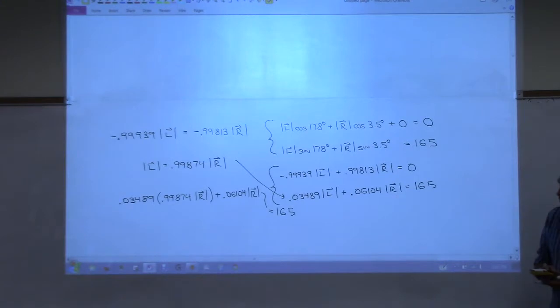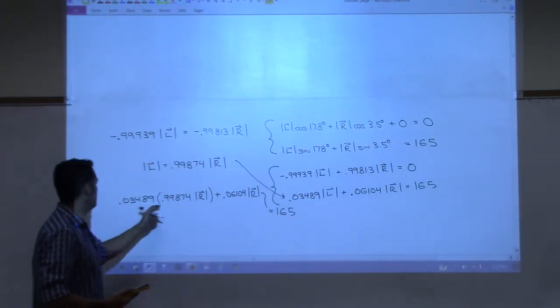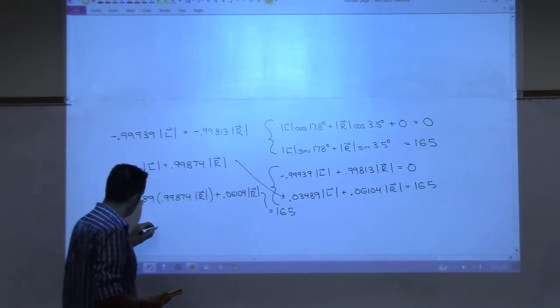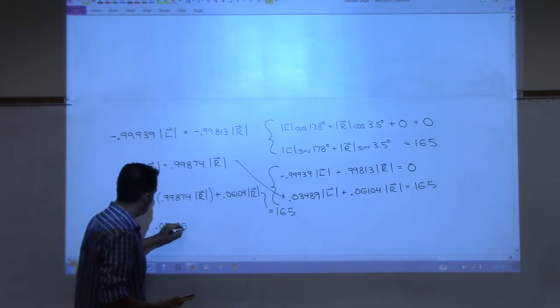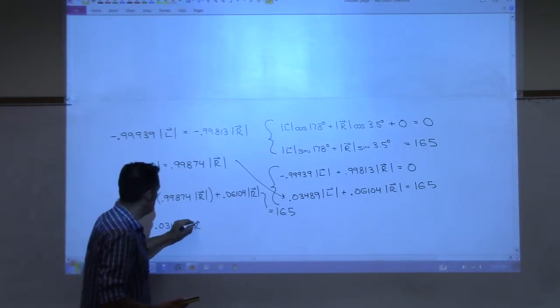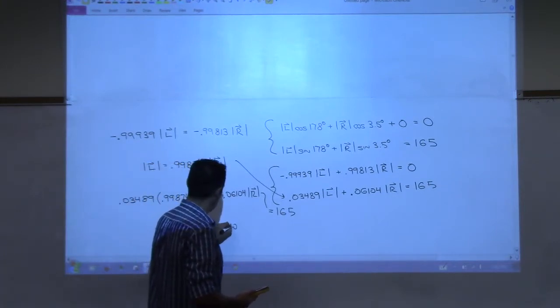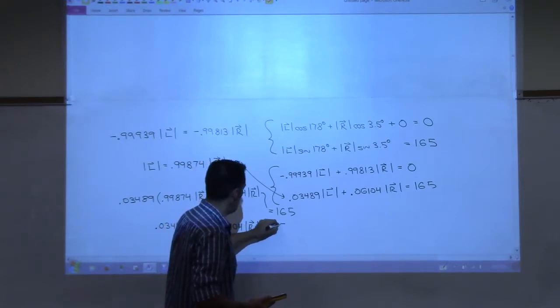Did you solve the whole thing? No, the times these two. You got what? 0.03485. Okay, we'll trust that. Magnitude of R plus 0.06104 magnitude of R must equal 165.